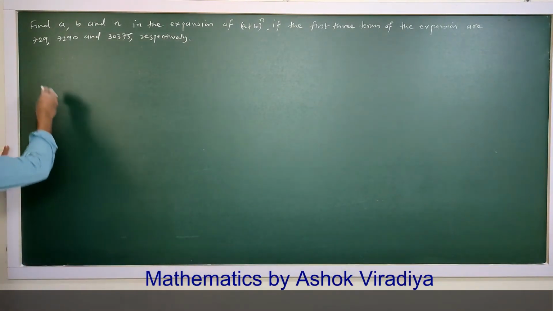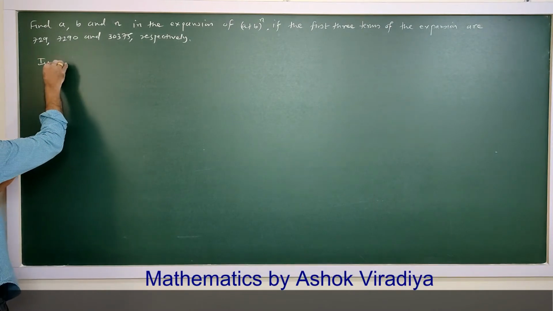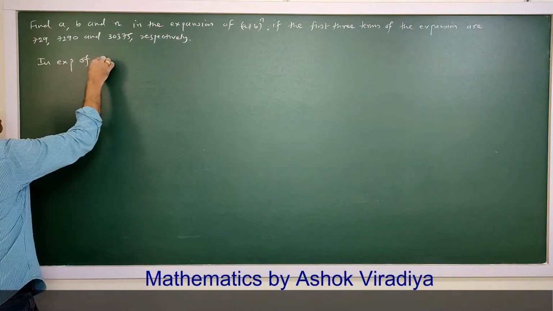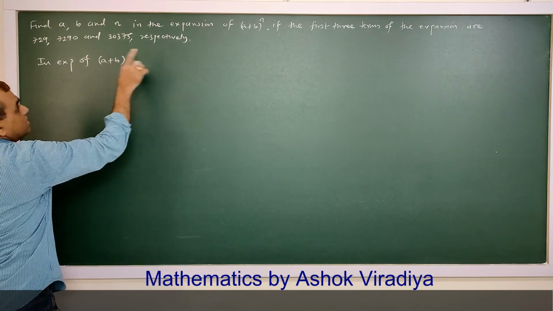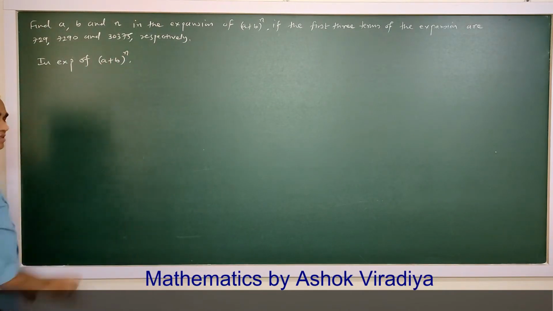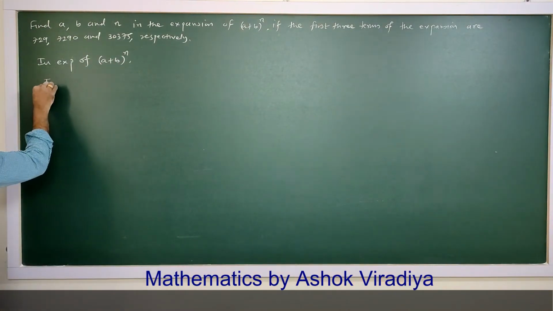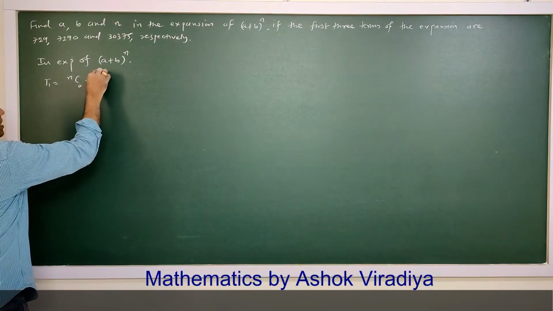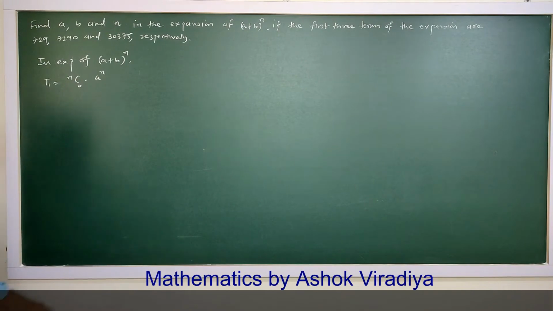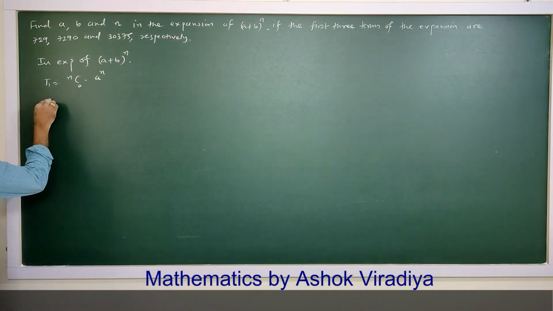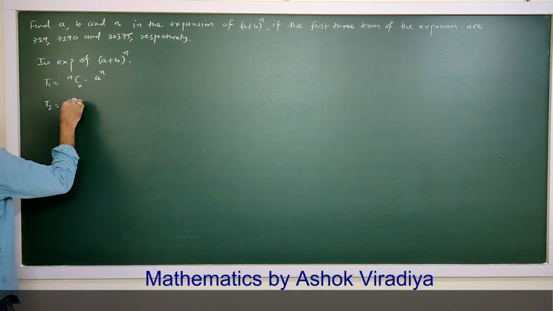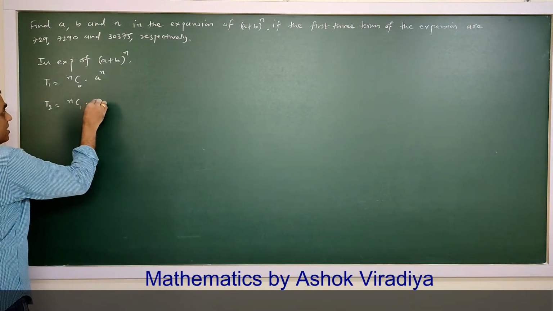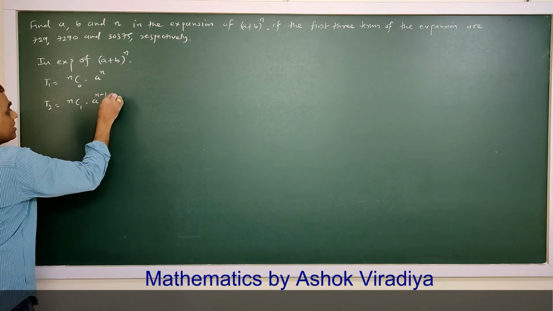So in the expansion of (a plus b) raised to n, we know that the first term is nc0 a raised to n. The second term is nc1 a raised to n minus 1 into b.